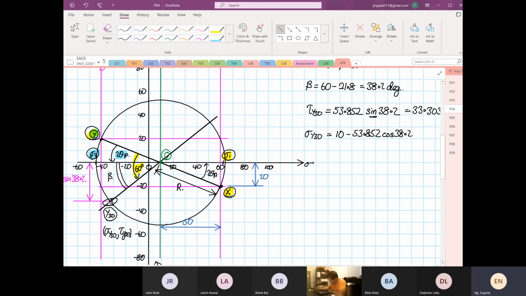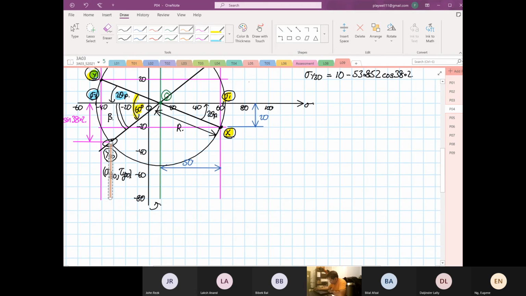The distance from here to here is equal to 53.852 cosine 38.2. But everything is relative to 0.